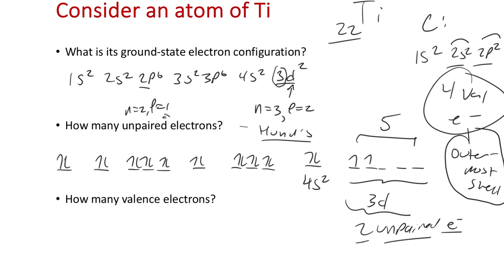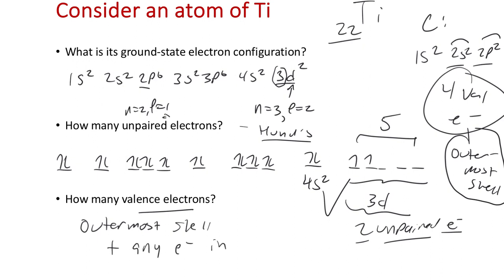The outermost shell will be n equals 2, so we have 4 n equals 2 electrons. Now what do I do for titanium, when titanium is filling into 2 subshells simultaneously? It's filling into the s subshell and it hasn't completed the 3d subshell. So what we're going to do is count the valence electrons as the outermost shell plus any electrons in a lower but unfilled subshell.